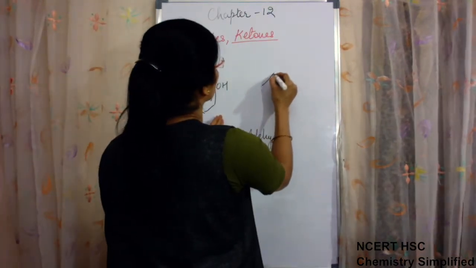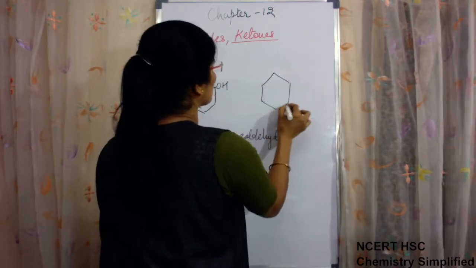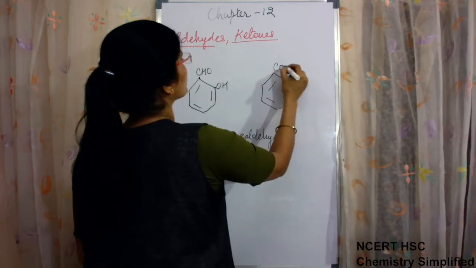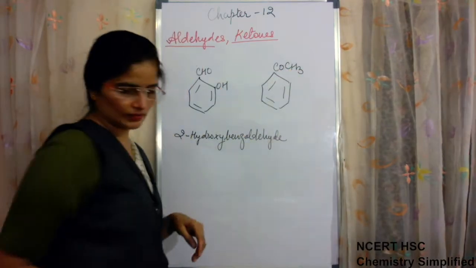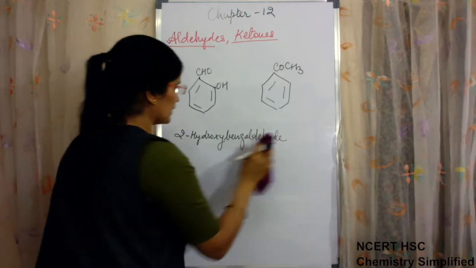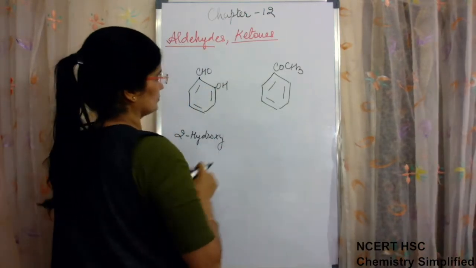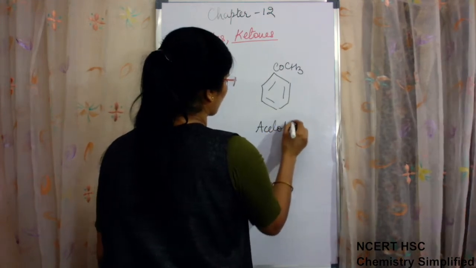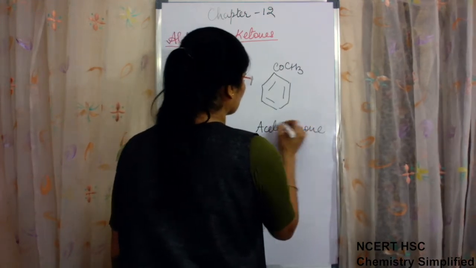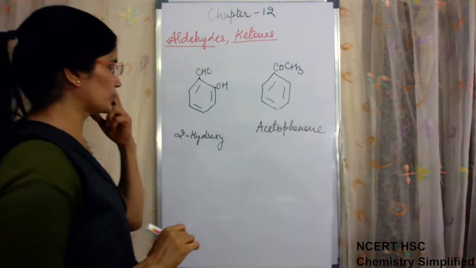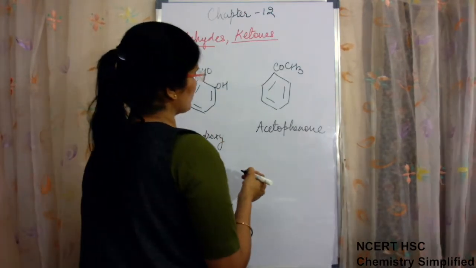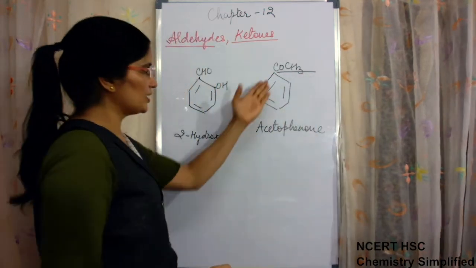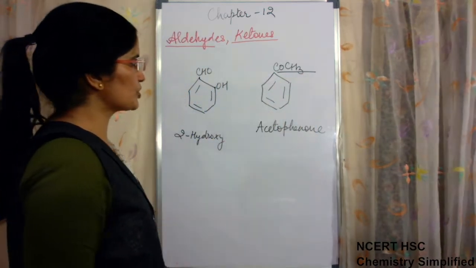Then again, COCH3. This is commonly known as acetophenone. But in IUPAC naming, this will become the main chain and this will be treated as a substituent.